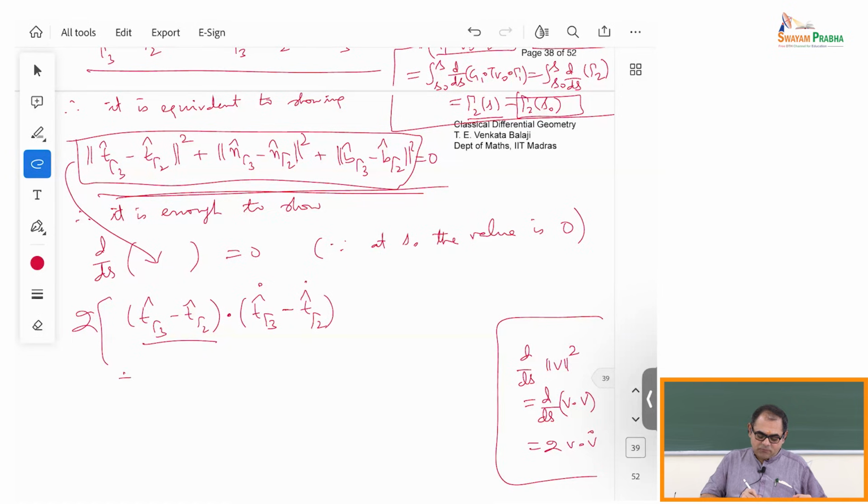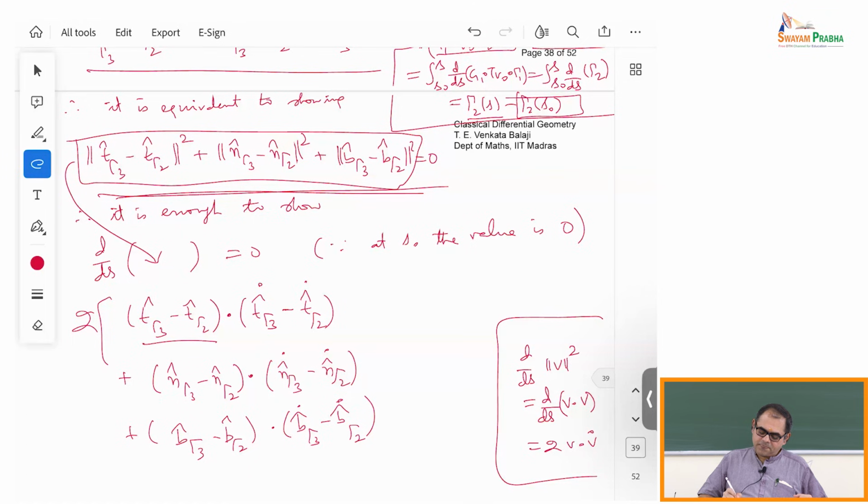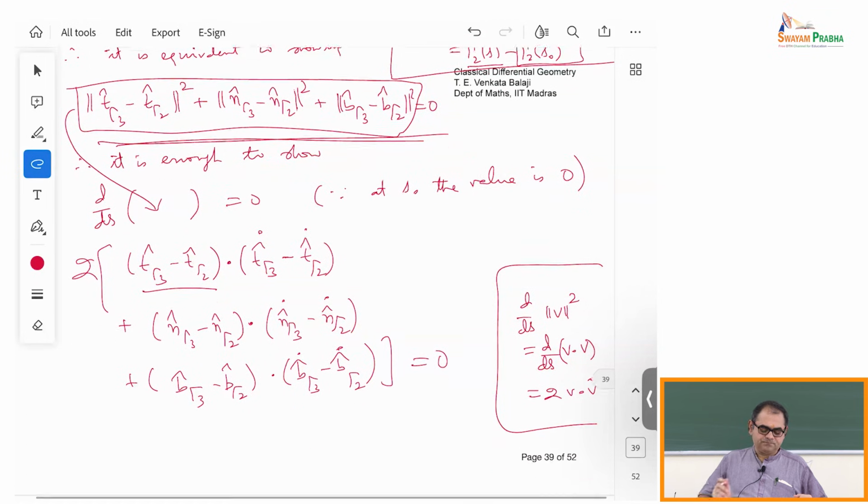Plus then I will get 2 more terms similarly for n cap gamma 3 minus n cap gamma 2, dot n cap dot gamma 3 minus n cap dot gamma 2, plus b cap gamma 3 minus b cap gamma 2, dot b gamma 3 cap dot minus b gamma 2 cap dot. I have to show this is equal to 0.